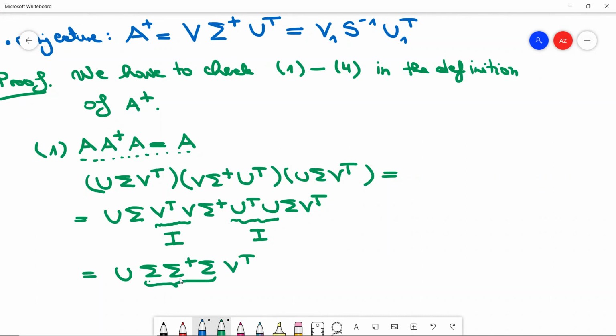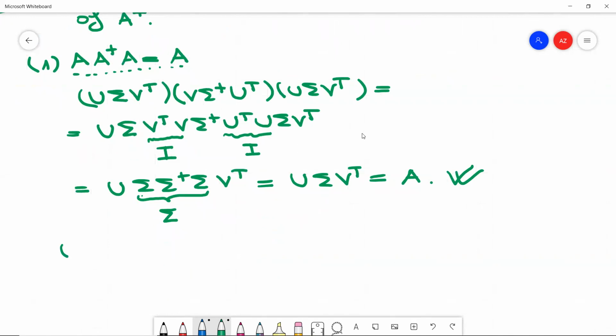And this means that here I get sigma as a result without any computation. So what I get is U sigma V transpose, and this is exactly our A. So this point 1 is okay. This candidate for A plus satisfies requirement 1.